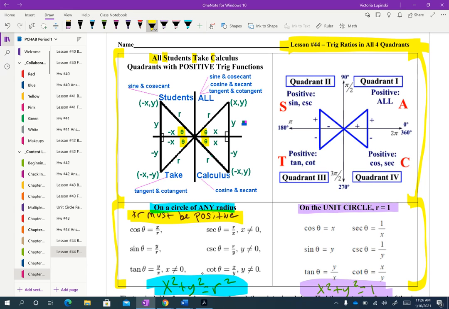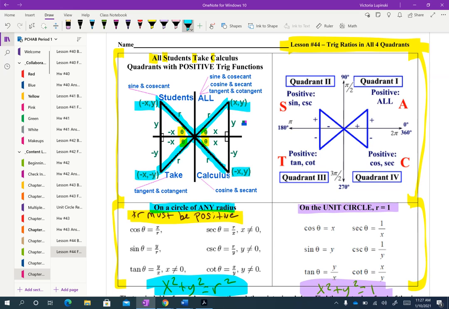Notice that, again, you're assuming that the radius of a circle moved through some movement from standard position, and then it stopped at some location. Wherever that location happened to be, you would drop a perpendicular and then create a triangle. The left to right distance would always be the x distance. The bottom to top distance would always be the y distance. And then you would be able to conclude whether those x and y values were positive or negative based on the quadrant.